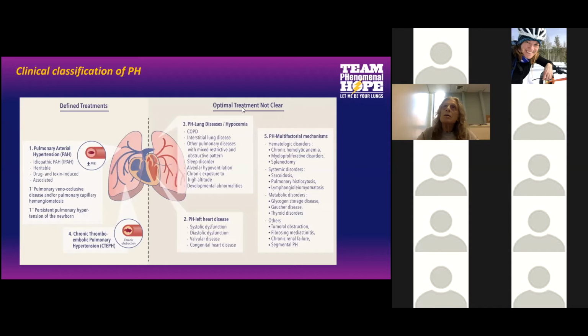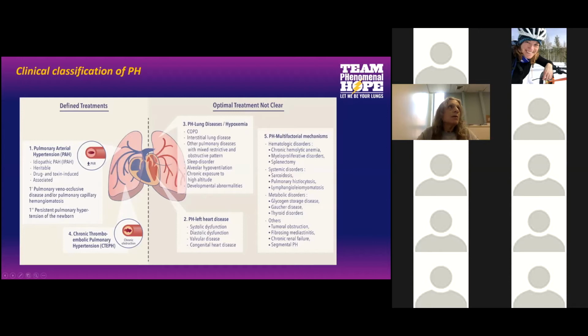As you can see here, group 1 pulmonary arterial hypertension and group 4 CTEPH actually have some treatment options available at this time point. However, there is still no treatment for group 2, group 3, and group 5 pulmonary hypertension.